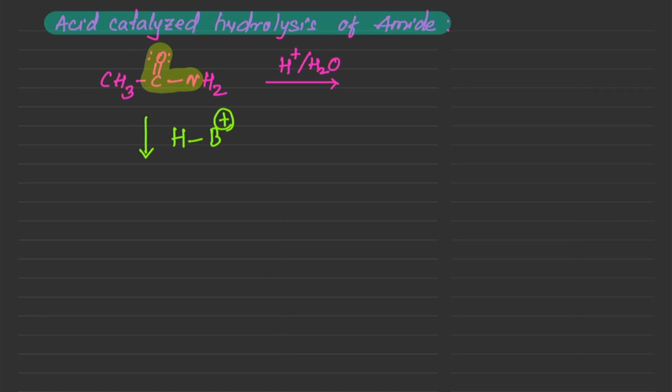So when you have proton, the most basic center is here. This lone pair is the basic one. It will immediately abstract a proton. Okay, so let's do it. So what would happen? CH3, C, O, H. Let me draw everything out first.